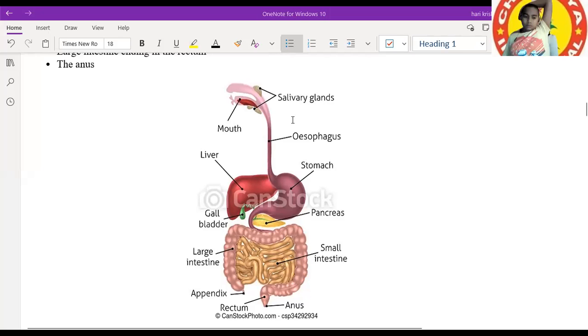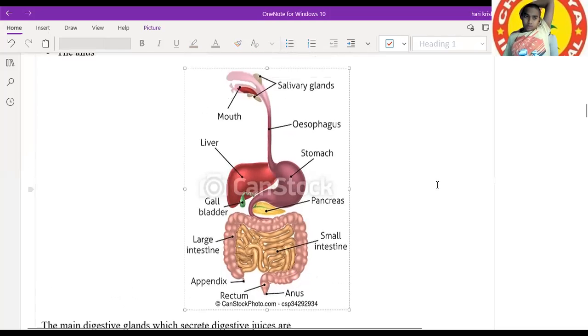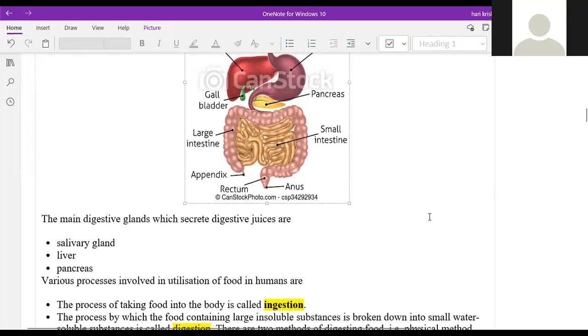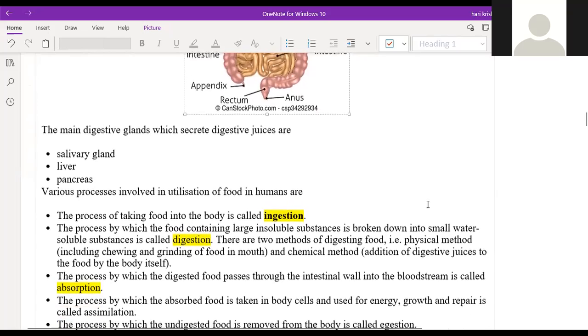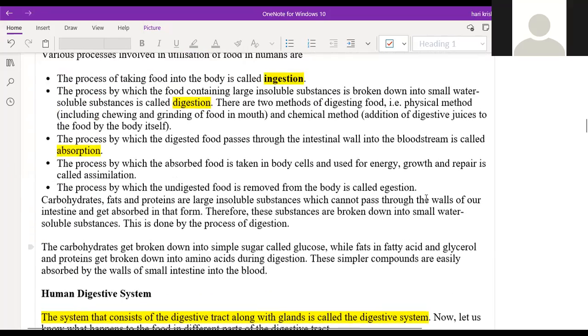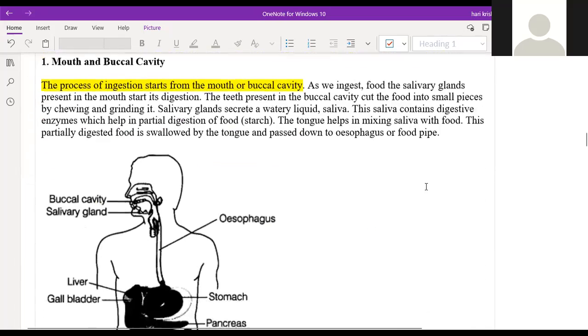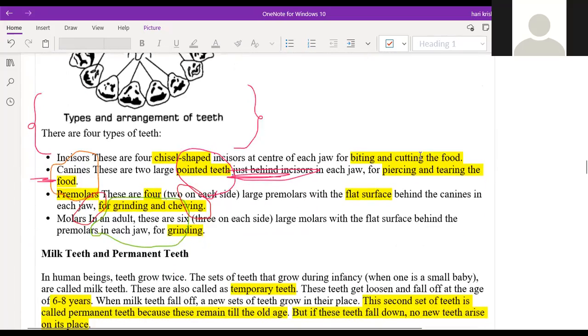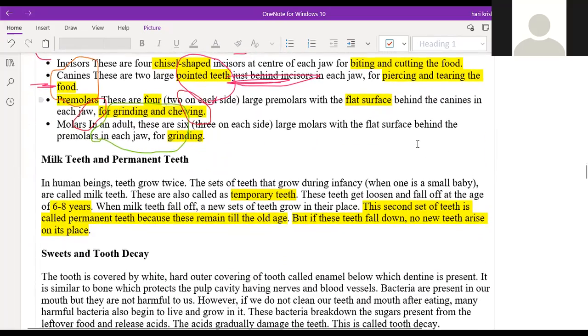Okay. Raghav. The semi-grinded food or partially grinded food which is moving from the mouth to the stomach is called as an... Sir, I actually forgot.